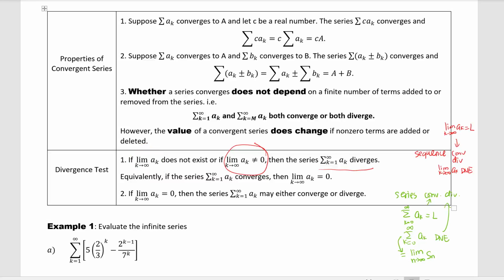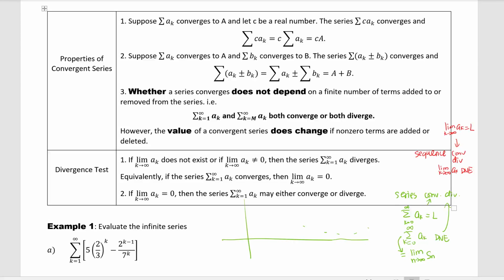So that's why here, if the limit of a sub k does not exist, for example, if we have a series like that, you're adding infinitely many values, right? If the tail's limit does not exist, of course when you add them up, then the sum has no limit. And even if the limit of the sequence exists but is not equal to 0, think about it.